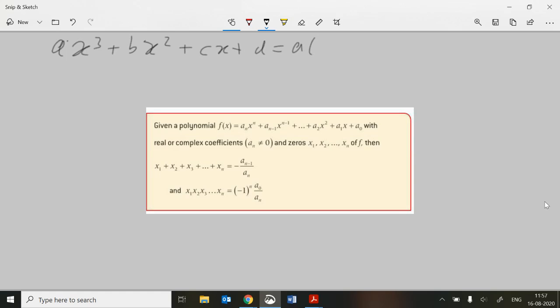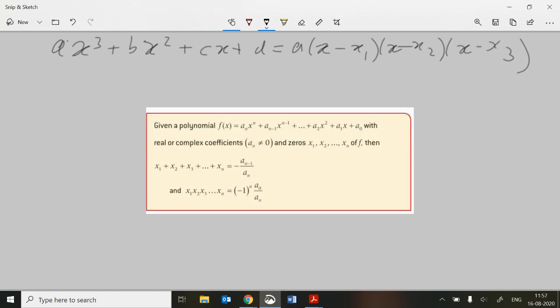And that's going to be equal to a lots of x minus x1, x minus x2, and x minus x3. So our three roots there are x1, x2, and x3. We're just writing the whole thing in a different form.